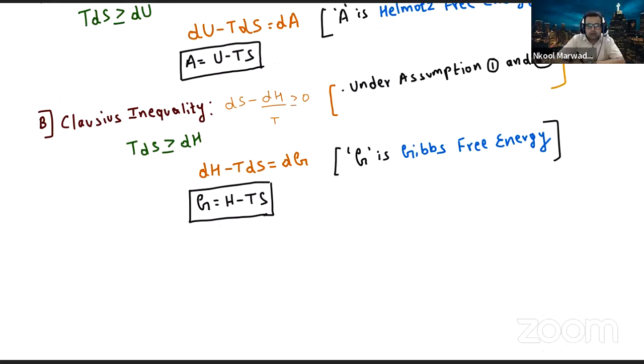For a spontaneous process, for spontaneity, because we have seen that spontaneous processes are the ones which occur naturally, the criteria in terms of the free energy is that delta G should be negative.